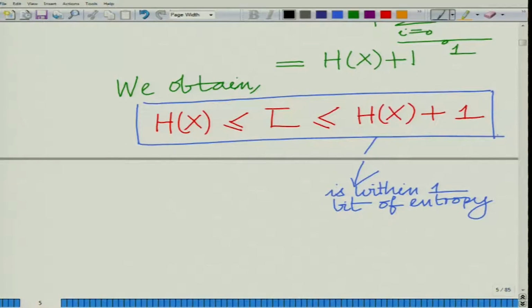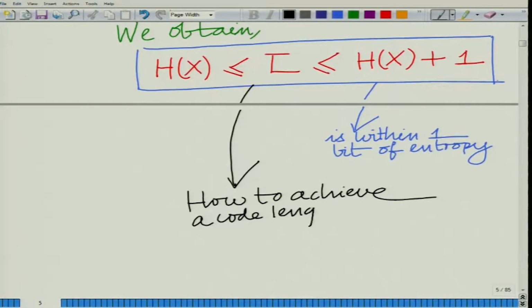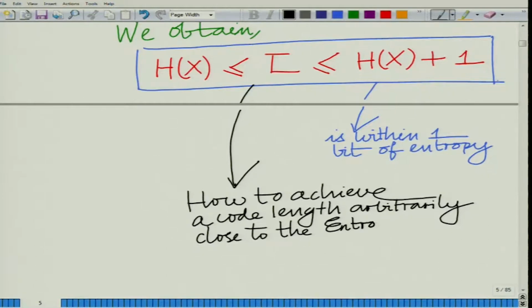Now, using this principle, how do we achieve a code length arbitrarily close to the entropy?